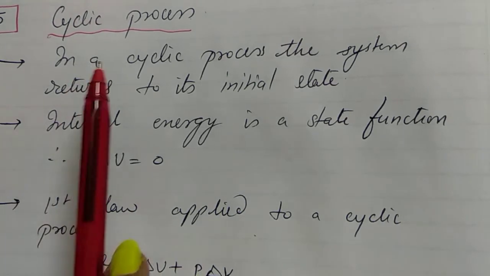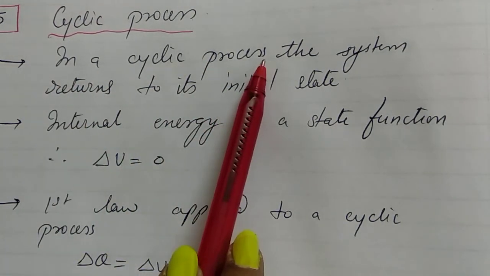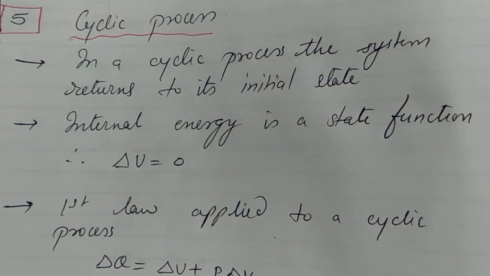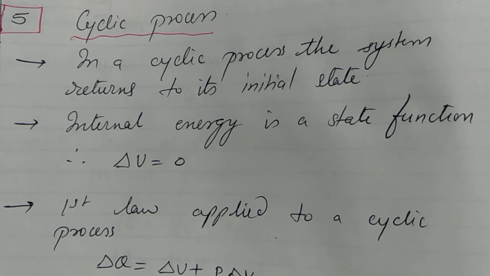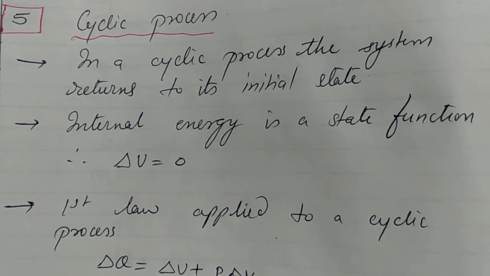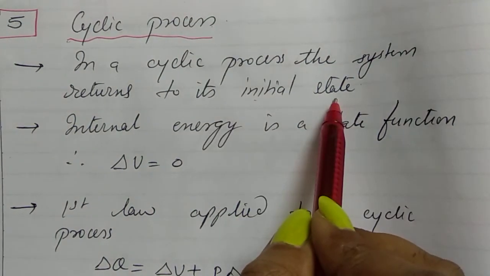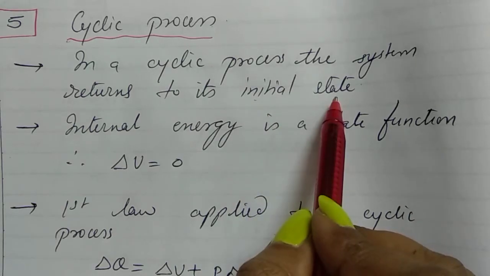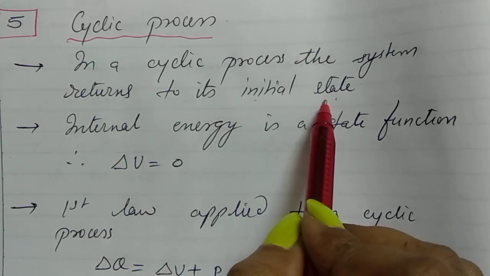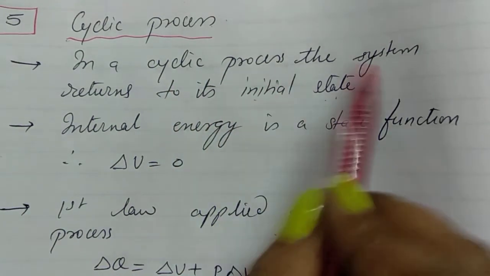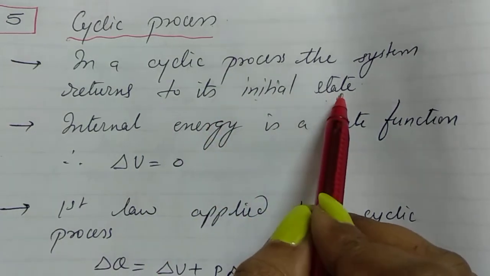So see here, the cyclic process is actually a process which does not change the initial state of the system. एक प्रोसेस तो हो रहा होता है, बट एज सून एज द प्रोसेस गेट्स ओवर द सिस्टम रीचेस बैक टू इट्स इनिशियल स्टेट, जहां से शुरू हुआ था उसी स्टेट पे हमारा थर्मोडायनेमिक सिस्टम पहुंच जाता है. ओके, so such a process is known as cyclic process, in which the system returns back to its initial state.